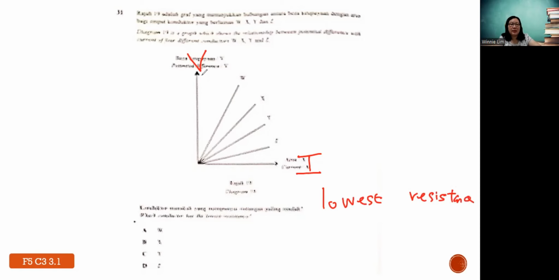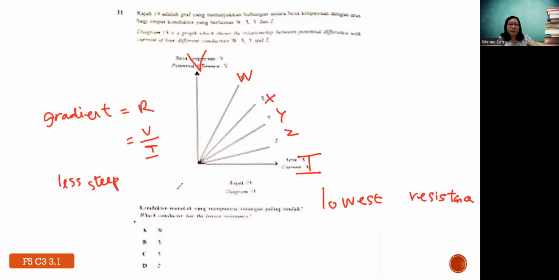As you can see in this graph, the gradient represents the resistance, or V over I. So you want the lowest, that means the less steep one. So this is W, X, Y, Z. Which one has the lowest? Z. Okay, so the answer is D for this one.